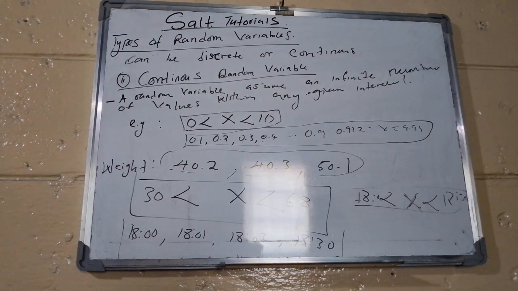It can be 18:01, 18:02, 18:03, all the way up to 18:30. That's why we're simply saying this is a continuous case. So this is what we mean when we say a random variable can be continuous, or a random variable can be discrete.